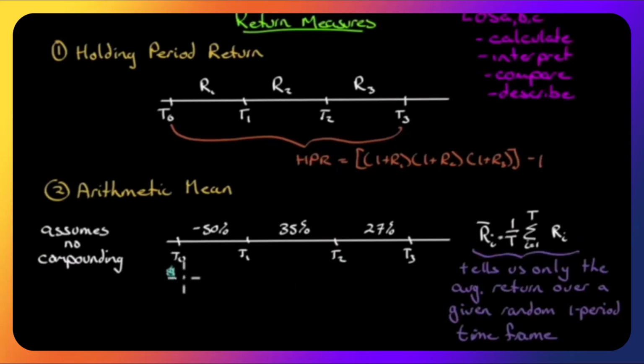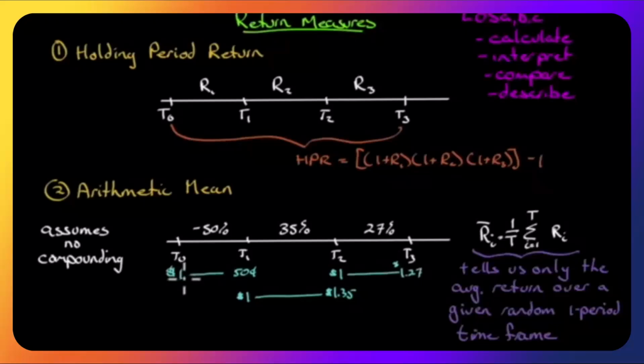Imagine we put $1 in at T0 and we have a negative 50% return. That would give us 50 cents at T1. At T1, let's say that we have that $1 back again, and we have a 35% return, which means we would have $1.35 at T2. It assumes that we start again at $1, and we would have $1.27.